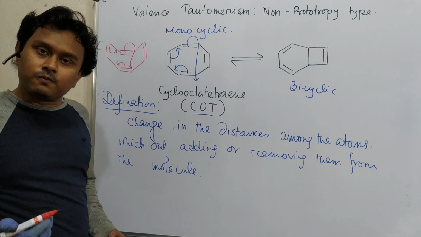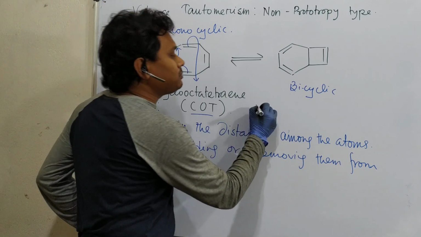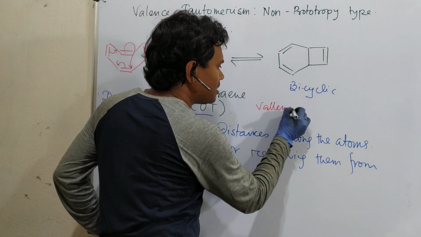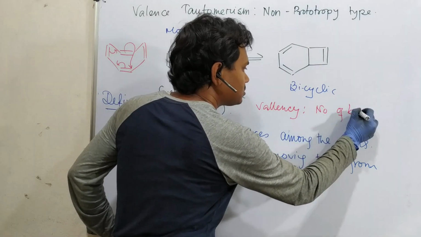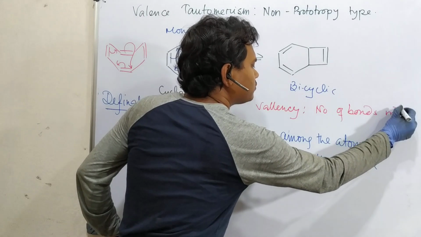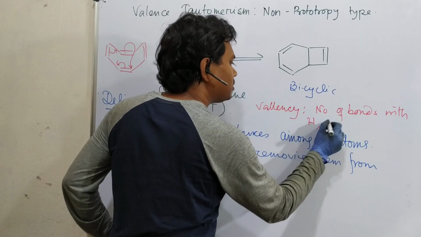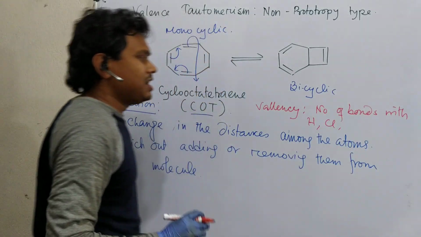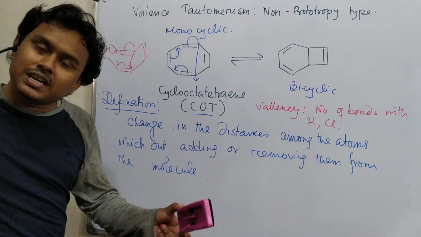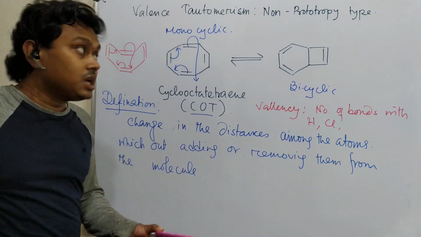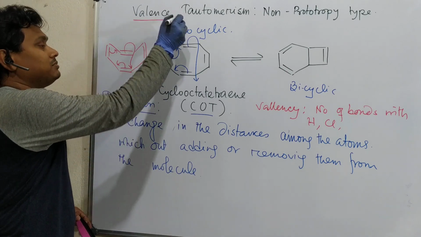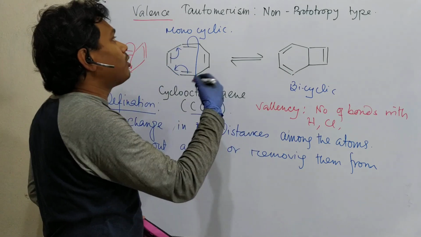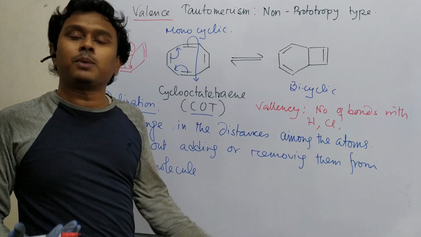From another point of view, what do you mean by valency? Valency means the number of bonds with hydrogen, chlorine, oxygen, etc. It actually describes the bonds. So you remember this thing in this way: valence tautomerism means the change, the tautomerism, in the bonds.